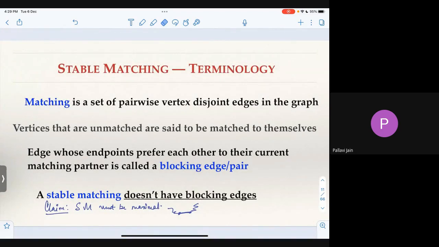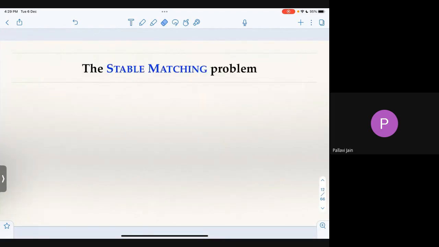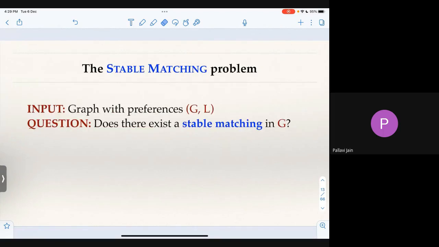Okay, so that's one thing. Now, the stable matching problem. The problem in abstract terms is treated just as a graph and a set L of preference lists.